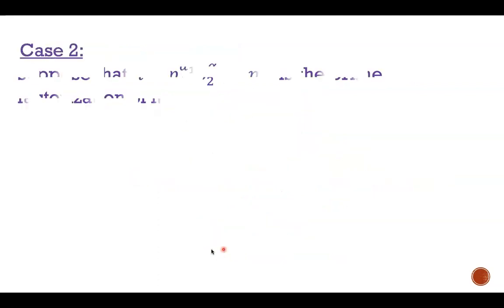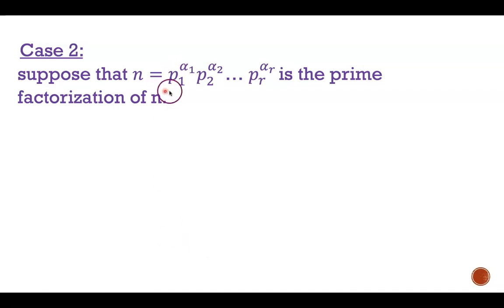Now let us consider the general case when n is equal to p1 raised to alpha 1, p2 raised to alpha 2, etc., pr raised to alpha r, which is the prime factorization of n. This means that p1, p2, etc., pr are all distinct primes.